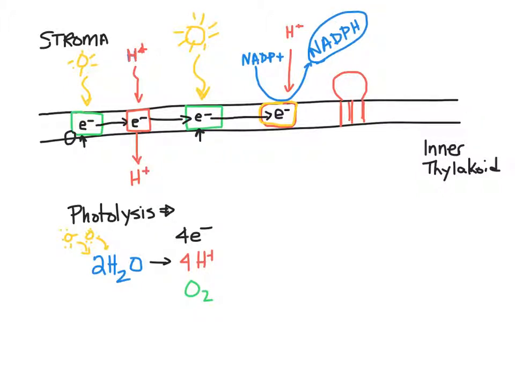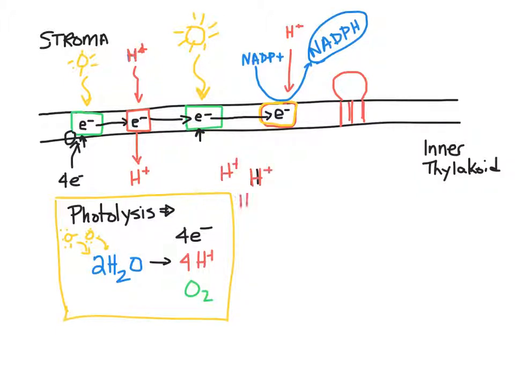And so in photolysis, what you've done is you have now created a bank of electrons, so those 4 electrons can now be fed up into photosystem 2. The 4 protons are now here creating more of a gradient on this side, on the inner side of the membrane.